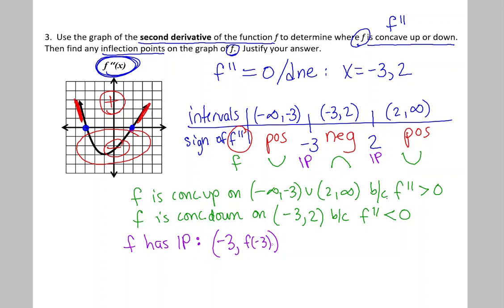Remember that they have to be ordered pairs. This is the x value, and because I don't have a function to plug in the x value, I'm going to show that I'm plugging it in with f of -3. The other inflection point is (2, f(2)), and then to justify my answer, I say because f double prime changes sign.